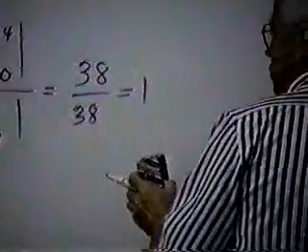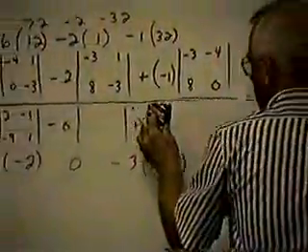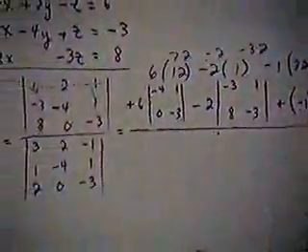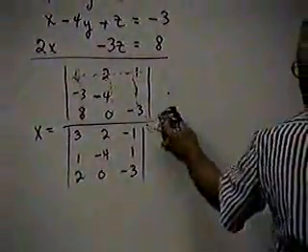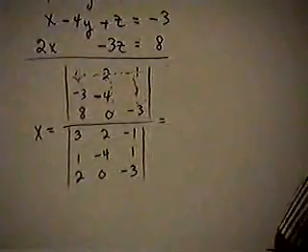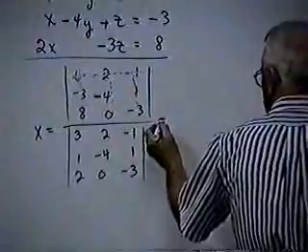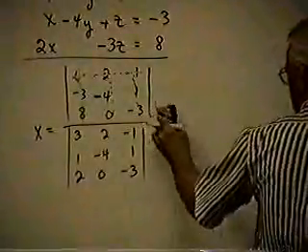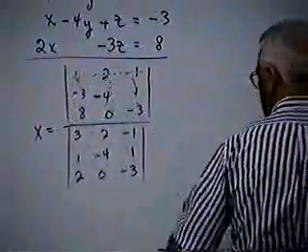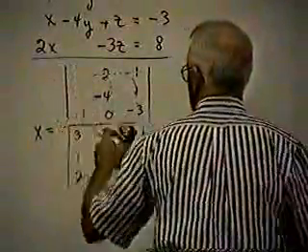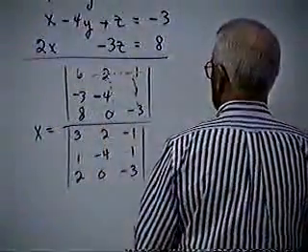All right, I want to come back and show you another method of getting this same work. So let's come back in here and do this for this problem. Another way, and an easier way on 3 by 3, is to just copy down the first column. Let me rewrite this, it looks pretty bad. This is 6, minus 3, 8.